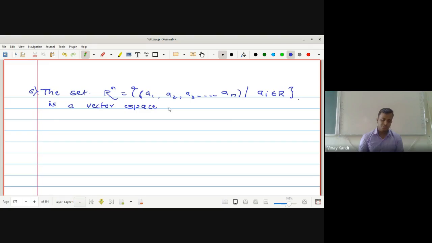Vector space over the set of real numbers. What are the operations?